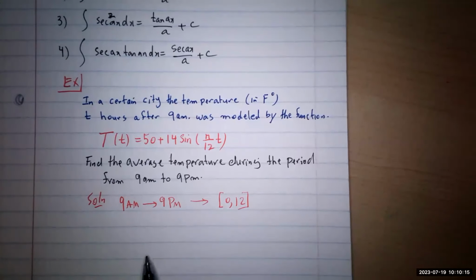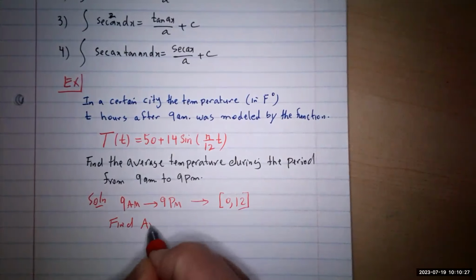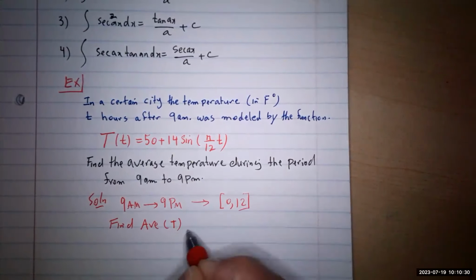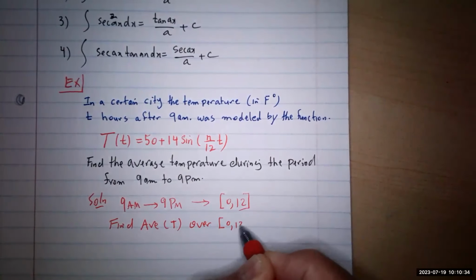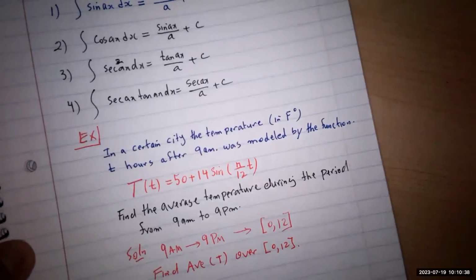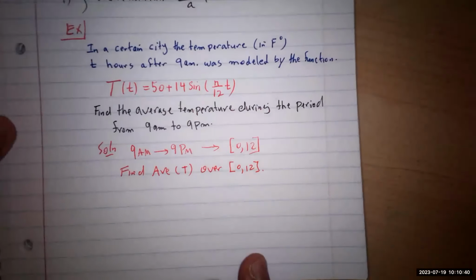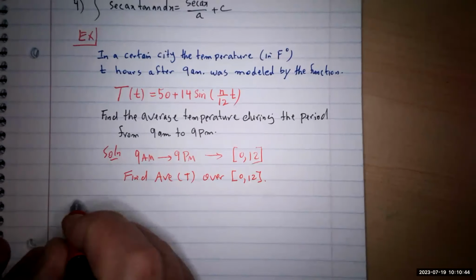There are 12 hours between 9 a.m. and 9 p.m. So what you would like to do is find the average value of the temperature function over this interval of 0 and 12. That's it. Any question? You have the formula, substitute and find it. What is the average value for the temperature function?